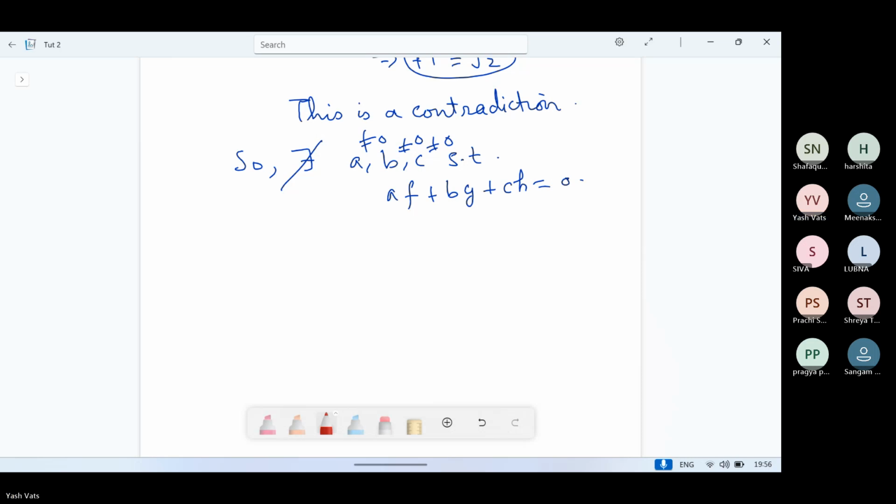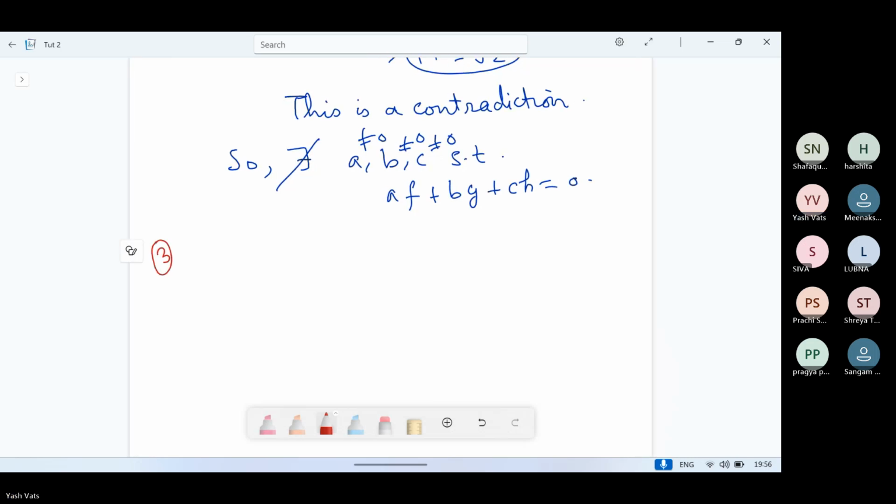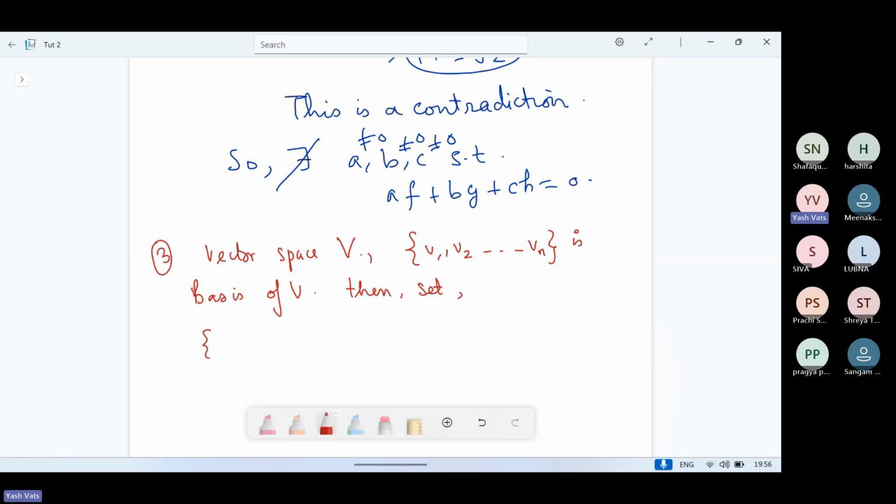So you have a vector space V, and the set v1, v2, up to vn is a basis of V. Then the set v1, v2, vn is linearly dependent.